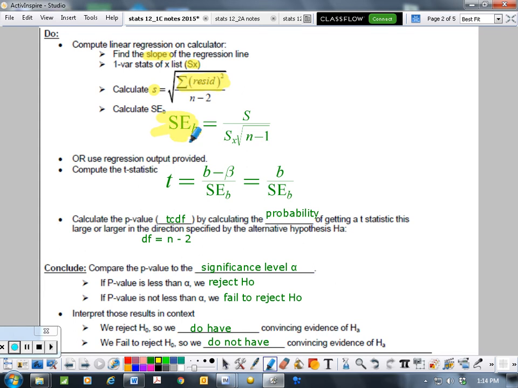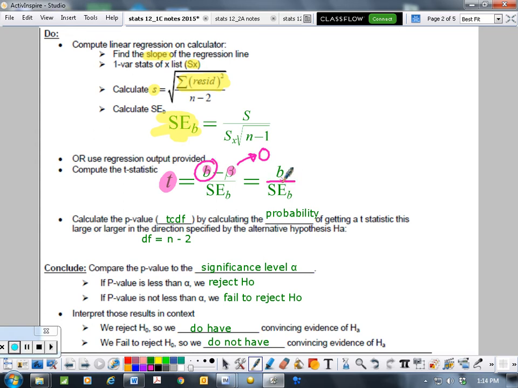What becomes new now is calculating our t-value, which will be our b minus our other b. Because our null hypothesis is that this is 0, it'll be the b from our regression line minus 0, so really just b, over our standard error of b.